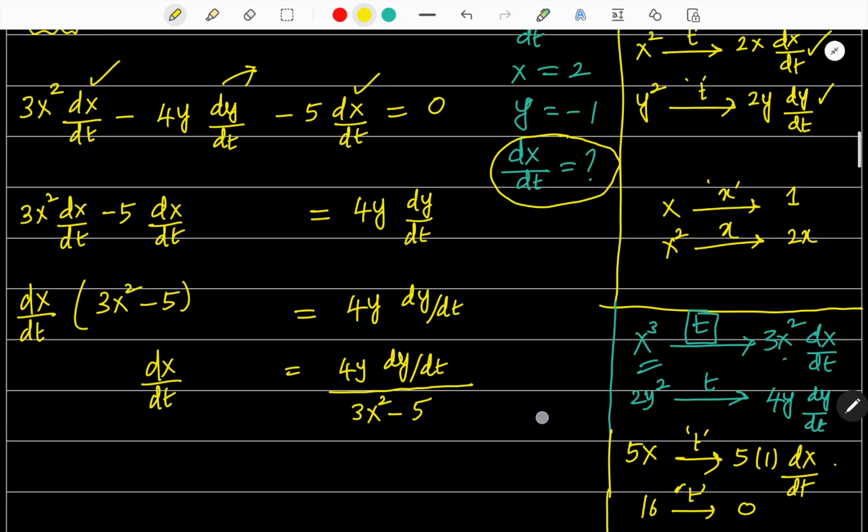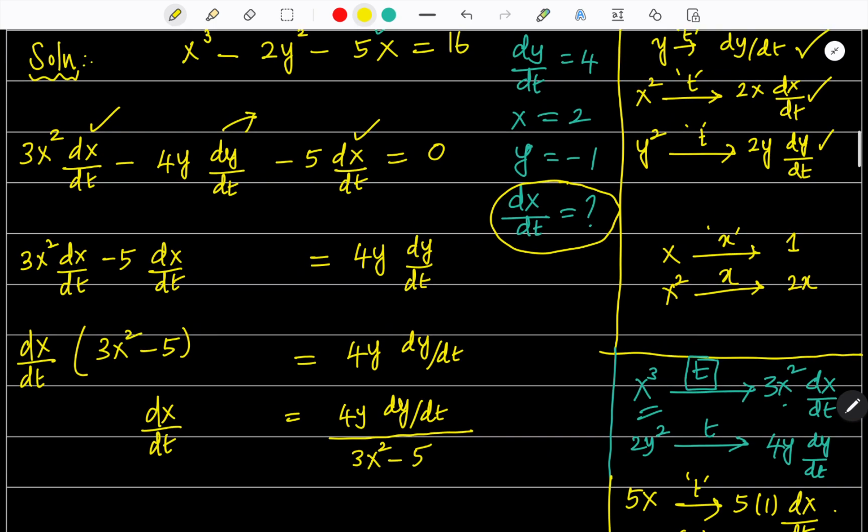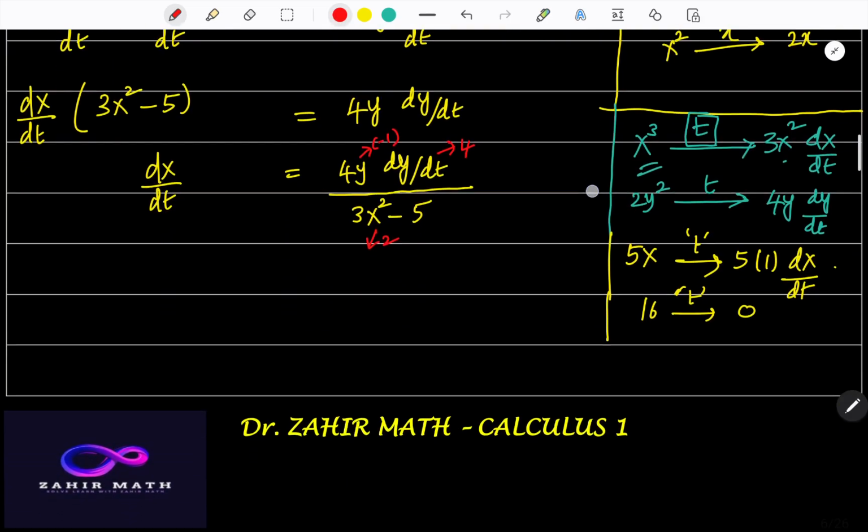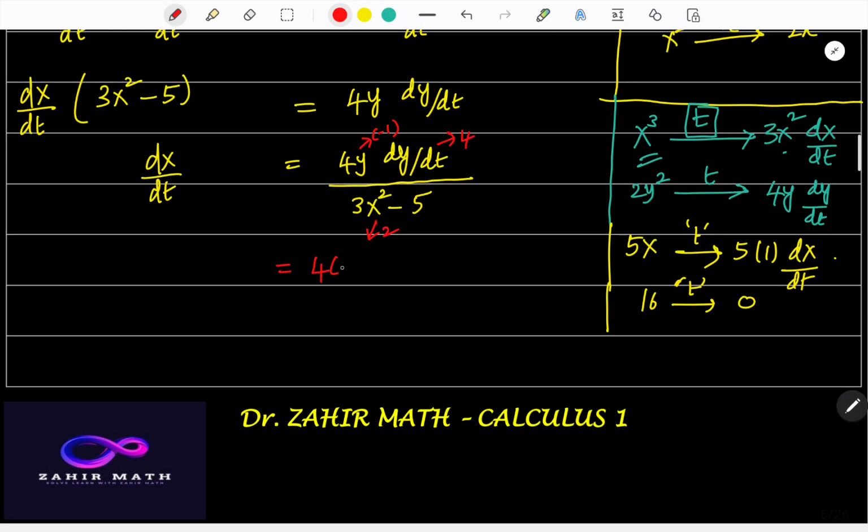You are going to put all the values. How much is dy by dt? dy by dt is 4. And y is equal to minus 1, and x is equal to 2. That's it. So this equals 4 times minus 1 times 4, divided by 3 times 2 square minus 5.